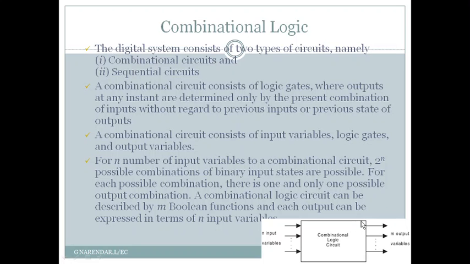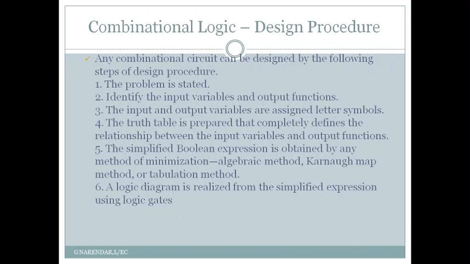So next we look at what the general design procedure is. A combinational logic circuit consists only of logic gates, either basic gates or advanced gates. So how do we design a combinational logic? These combinational logic circuits are designed to perform various digital logic functions.